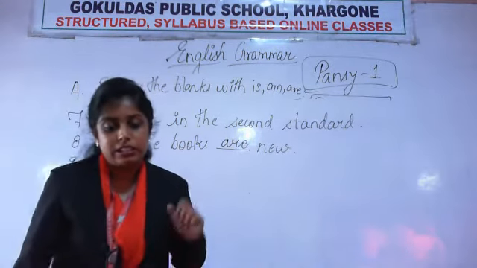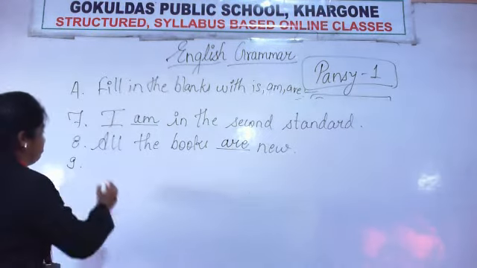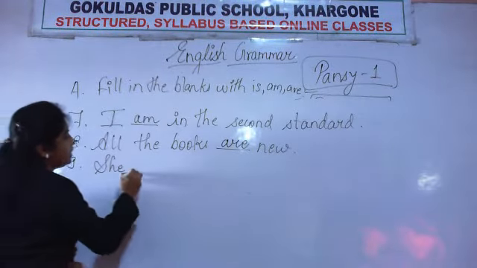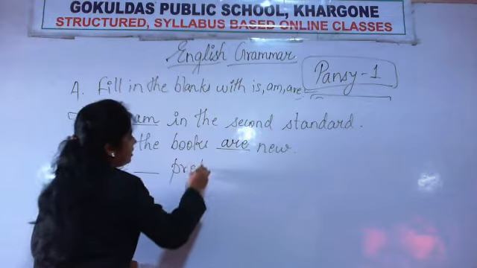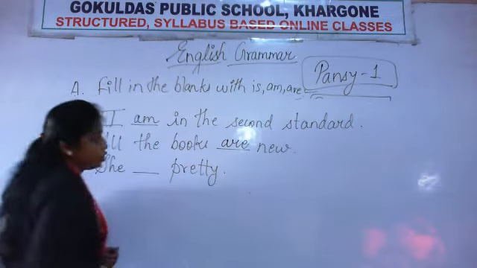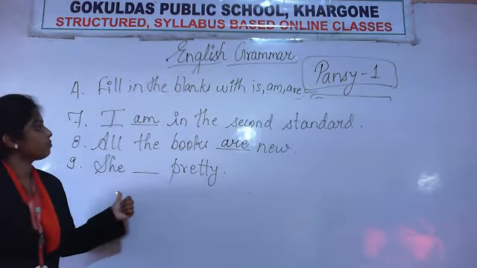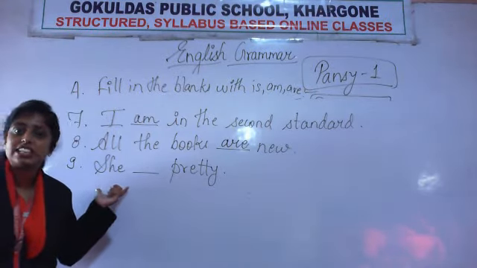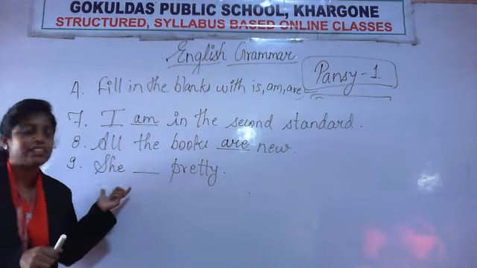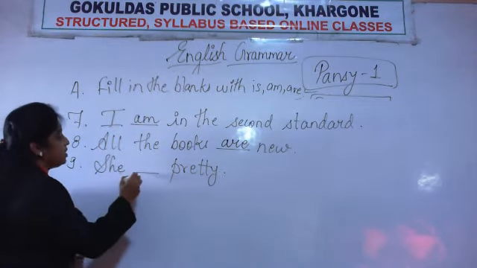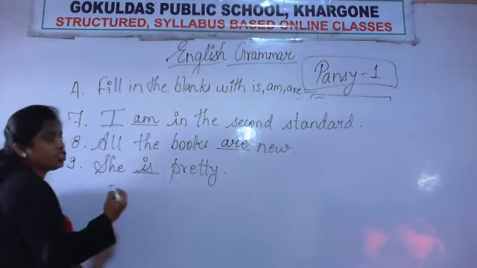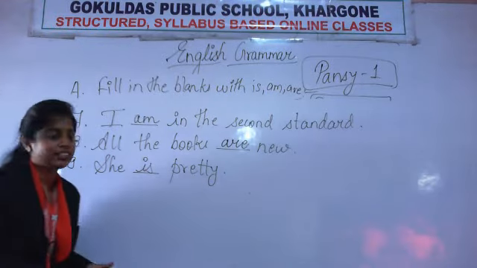Sentence number 9. She dash pretty. She dash pretty. So is "she" a singular subject or a plural subject? It is a singular subject. That means we will write "is". So she is pretty. Right?